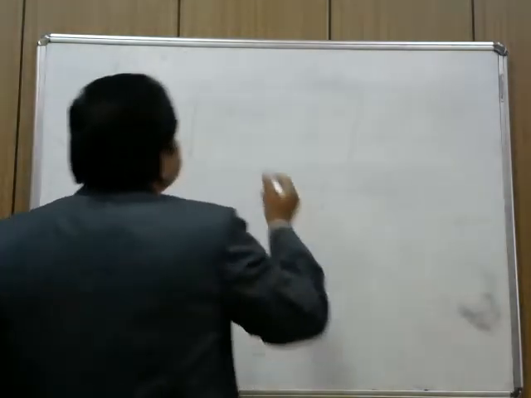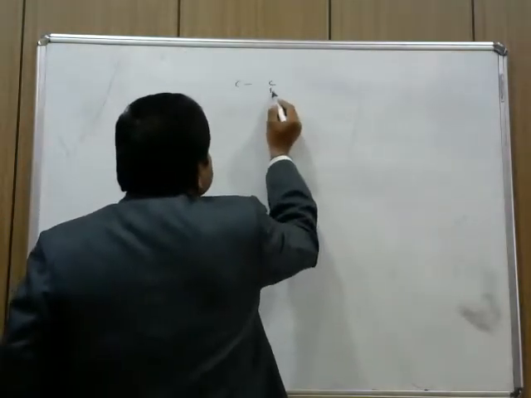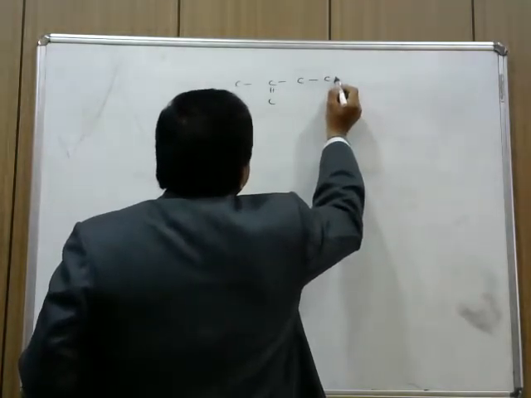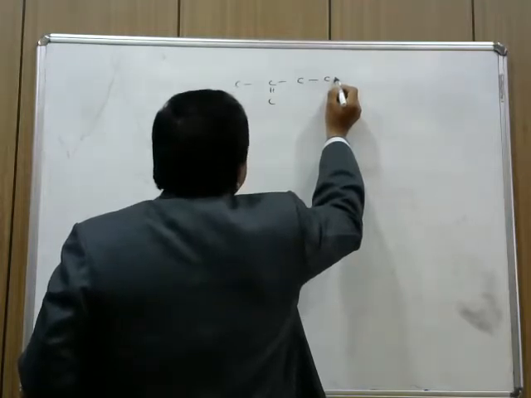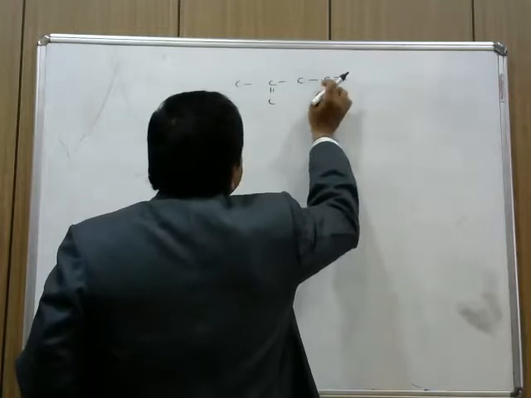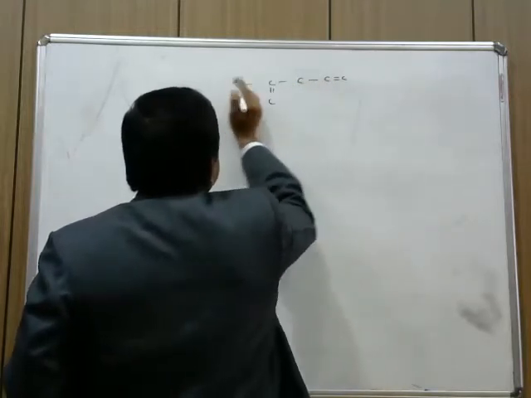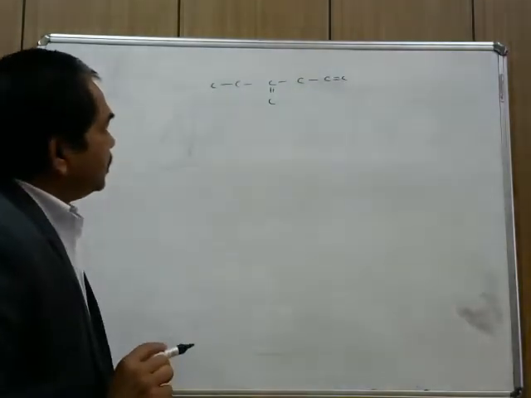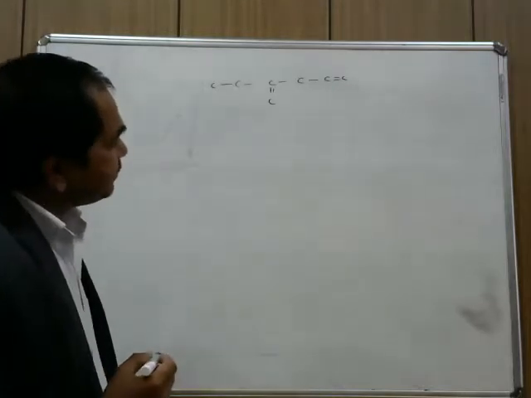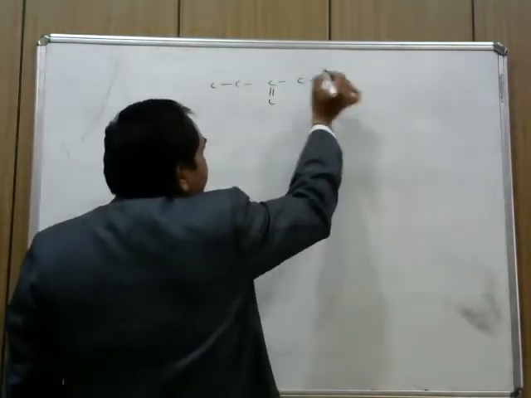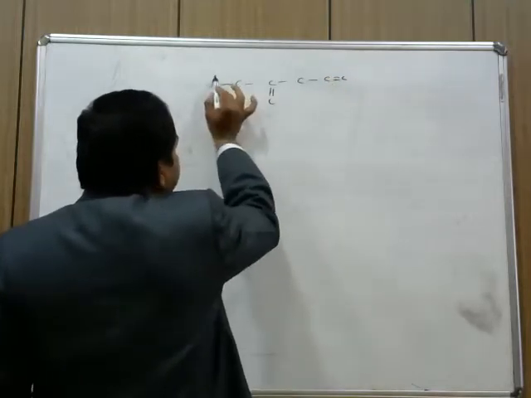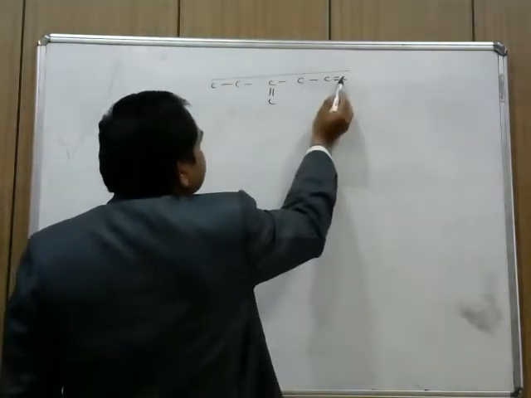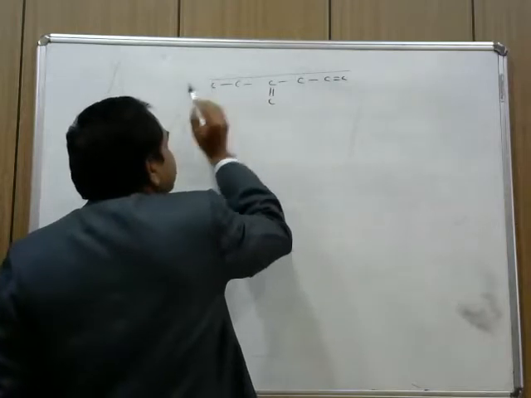Say for example, we have a compound like this, C double bond C, and C double bond C. So say for example we have this type of compound wherein two double bonds are present, and if we choose this as a parent chain, then we have got a chain of 1, 2, 3, 4, 5, 6 carbon atoms.